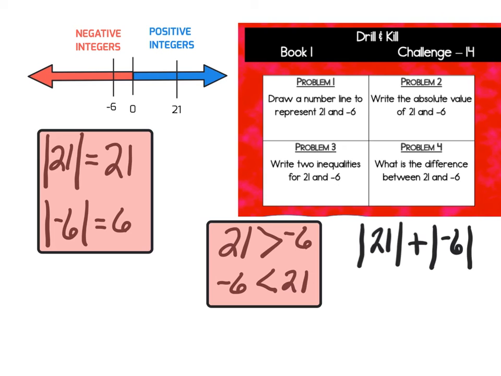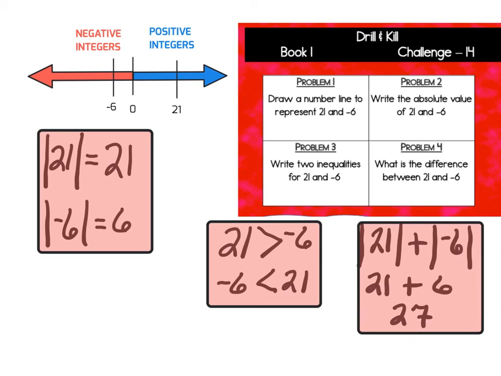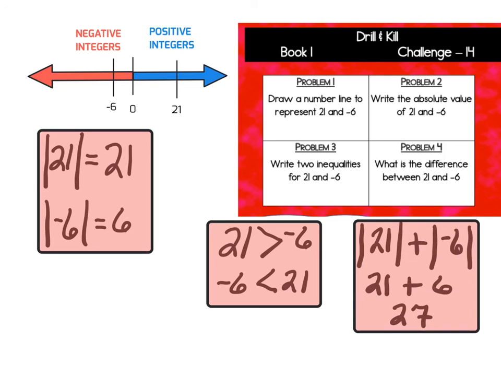The absolute value of 21 is going to be 21, and the absolute value of -6 is simply 6, right? 21 plus 6 is 27. There you have it, my friends. Let's go ahead and box this one too, and that way everything is the same.